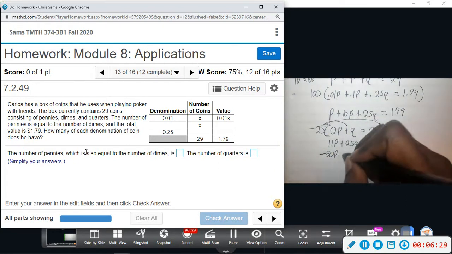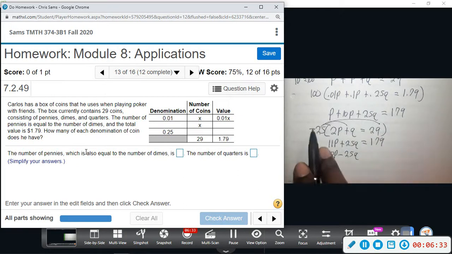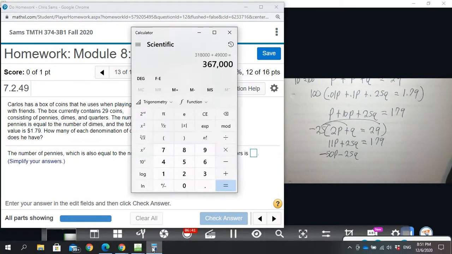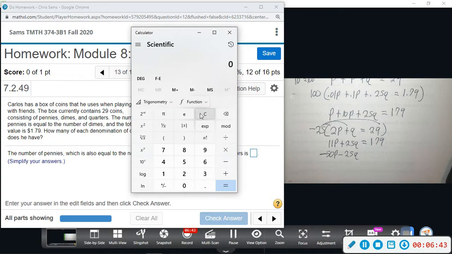Negative 25Q gives me negative 25Q. And then 25 times 29, we'll compute with the calculator. It's going to be negative, giving us negative 725.